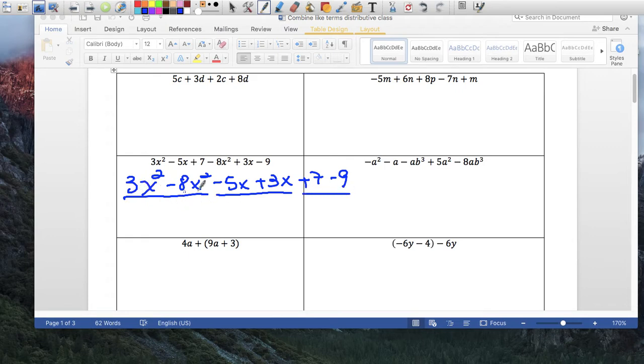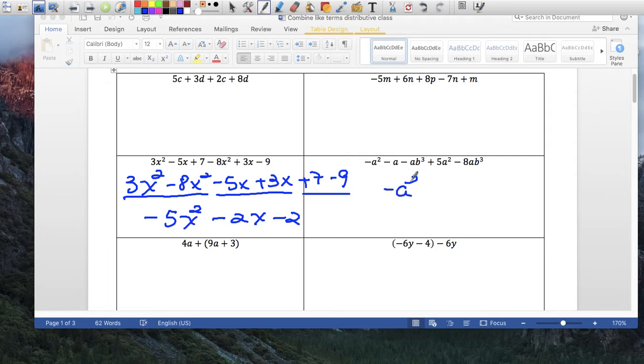So 3x squared minus 8x squared is the same thing as 3 plus negative 8, and 3 plus negative 8 is negative 5x squared. Minus 5x plus 3x, think of it as negative 5 plus 3. Negative 5 plus 3 is going to be more negatives, so minus 2x. And plus 7 minus 9, or positive 7 minus 9, is going to be negative 2. And that's how I represent it.